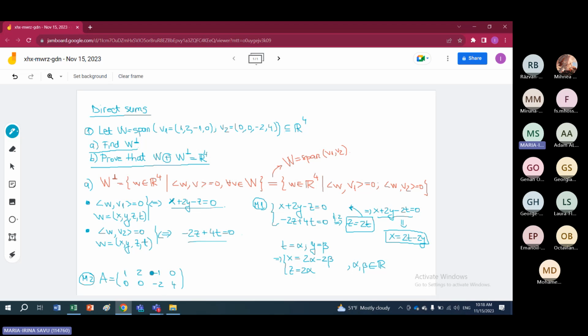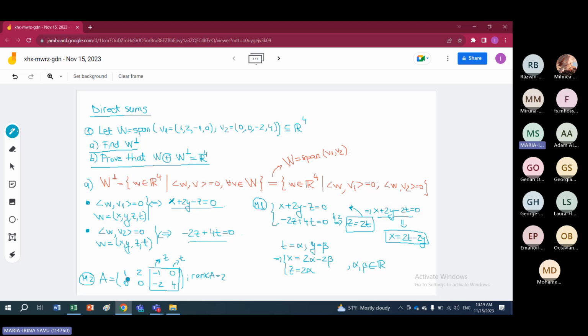So if you take a look at this minor, it is not zero. So of these two, the main variables will be the variables corresponding to these coefficients, which are z and t.